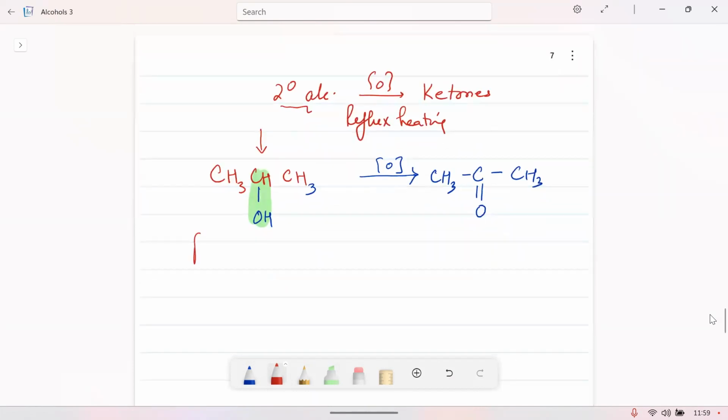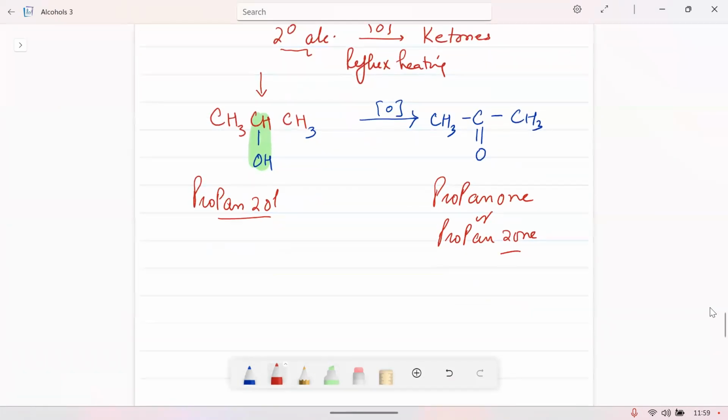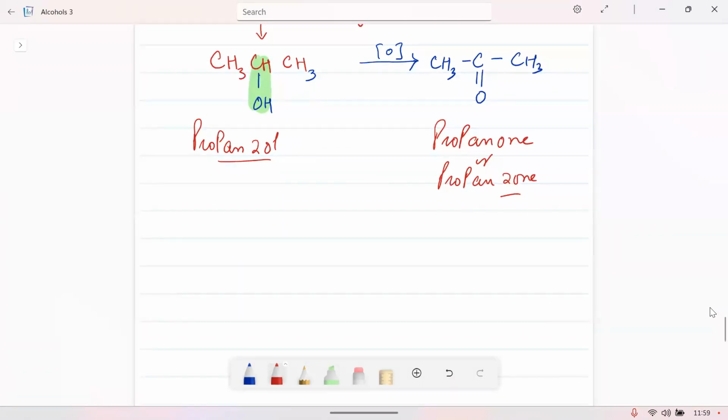This was your propan-2-ol, and this will be propanone. Finish. This is your ketone. Ketones are not further oxidized. The tertiary alcohols resist oxidation.